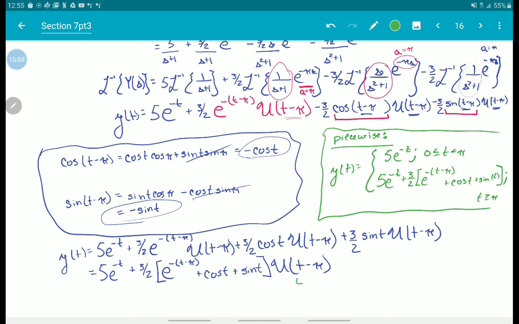Remember, this guy's going to take on a value of 0 in the beginning, so that's why this zeroes out for that first piece. And then as soon as we hit pi, this takes on a value of 1. So then we would have this guy plus this times 1, which would just be those two pieces added together. So there's that piecewise function.